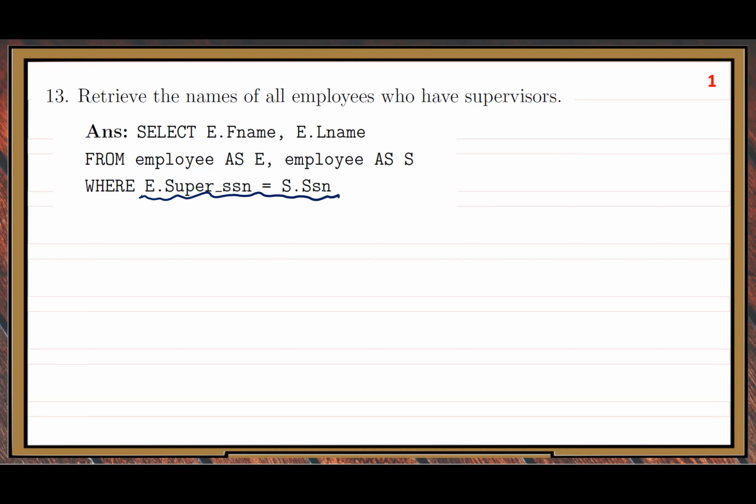So many students, I believe many of you use that not null way. Supervisor underscore. We have the is null operator, but not, right?